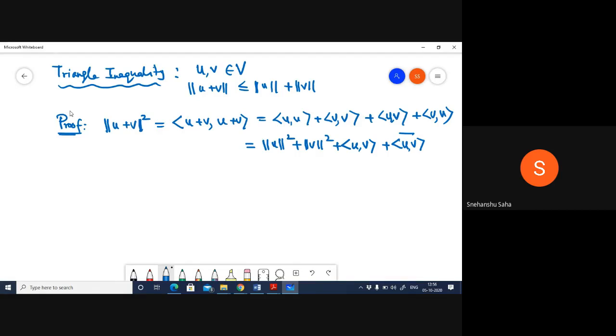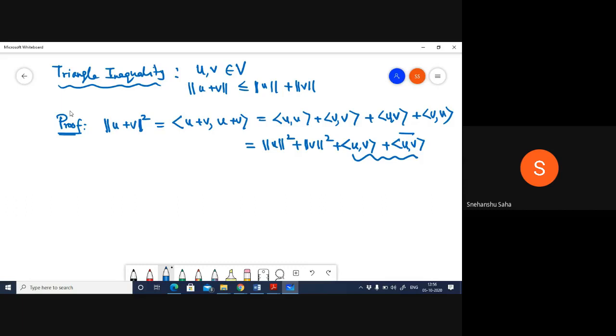Okay. Now, just think carefully that you have an inner product and you have another inner product with its complex conjugate, right? Okay. And what does this mean? If I combine these two together, what does it mean?